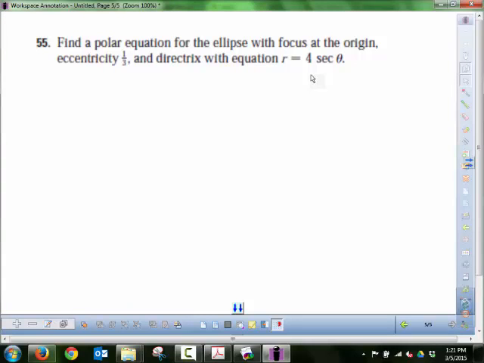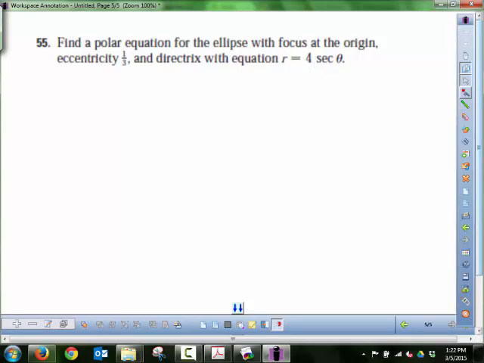If I had theta equal to 0, I'd be pointing towards the positive x-axis. And what's my r equal to? What's secant of 0? One, right? It's 1 over cosine, and cosine of 0 is 1.